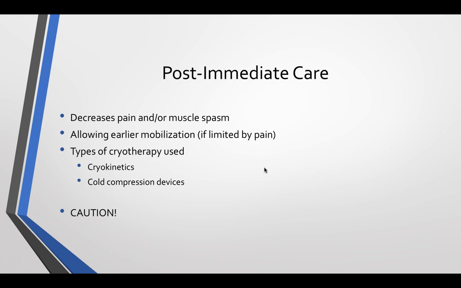And so we are going to monitor those processes really carefully. When we do cryokinetics, they are doing it with us. It's not something that we give them at home. It's something that we monitor. But again, as soon as we can start that exercise, we help to push away the side effects of that lack of activity, the muscle inhibition and the stiffness in the joints and the delayed healing that we know happens from these things.